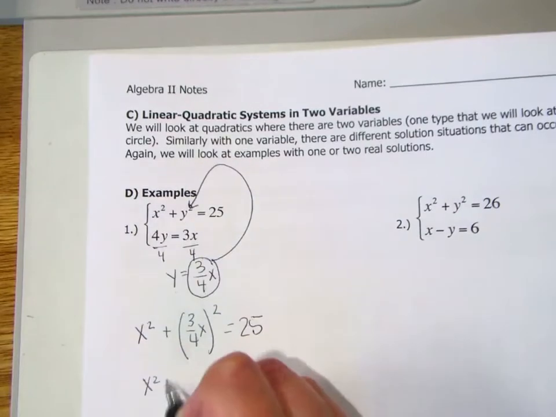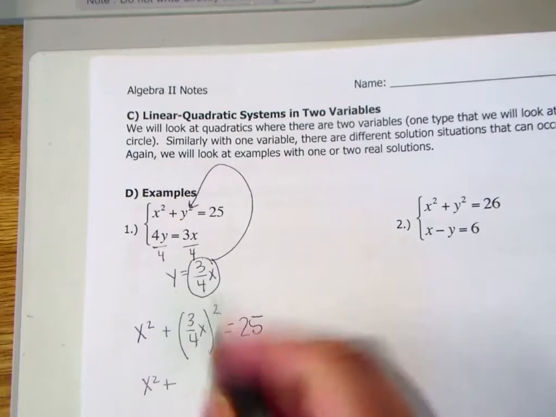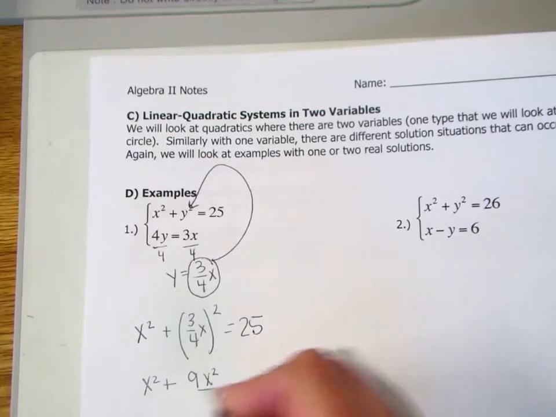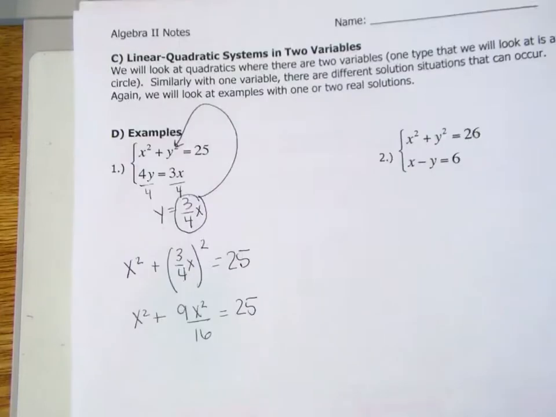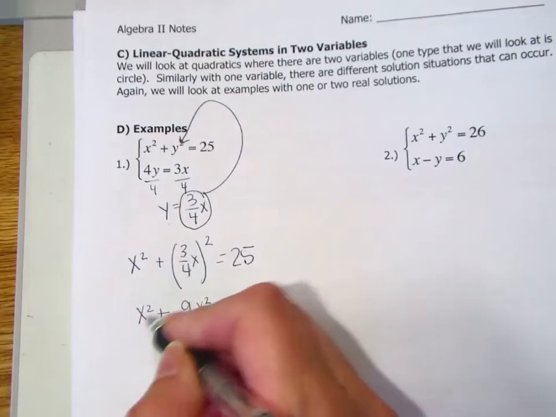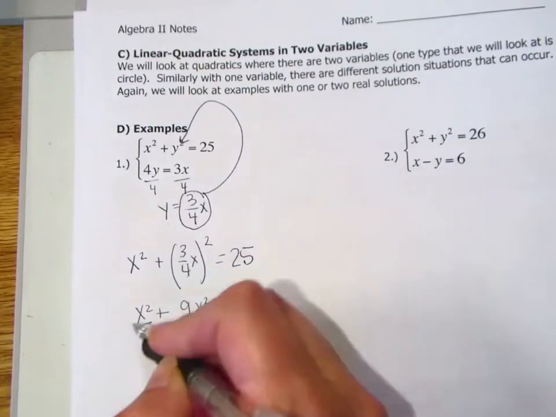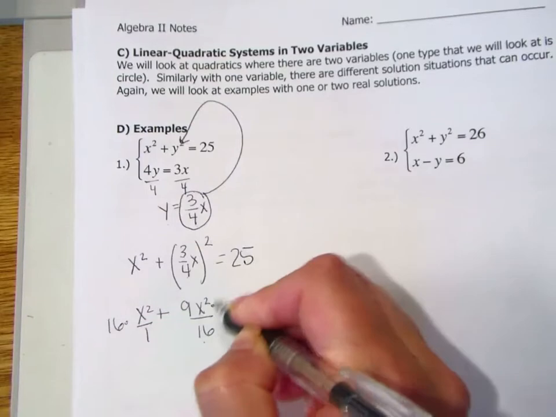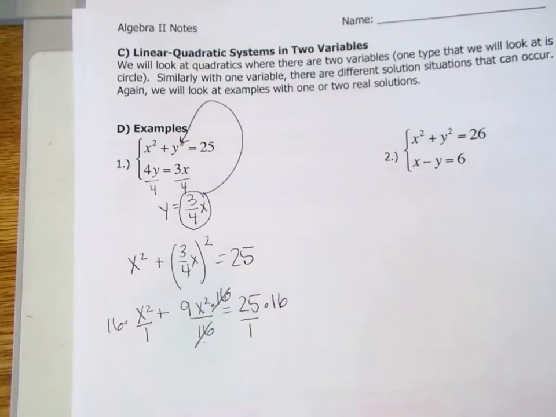So we have x squared plus (3/4 x) squared, which is 9x squared over 16, and that equals 25. Now, I want to clear my fractions. Think about all of this being over 1. I can multiply everything by 16, and then all of my fractions are cleared.